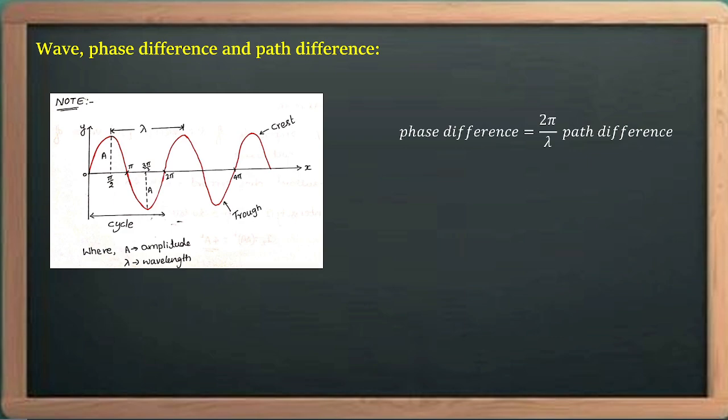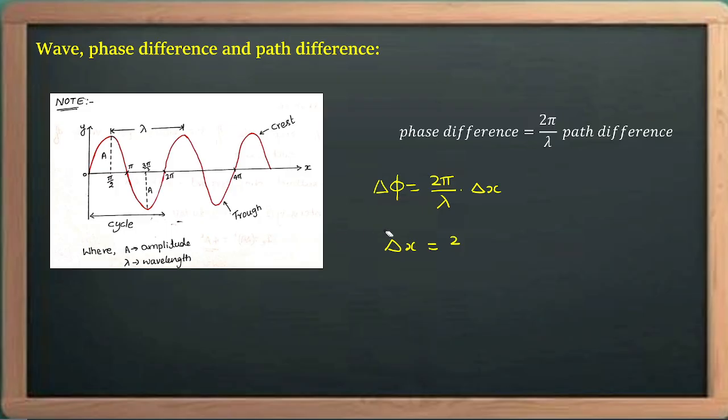First of all, we have the relation between the phase difference and path difference. Phase difference is represented by phi or delta phi, that is given by 2 pi by lambda times the path difference. Path difference is represented by delta x.